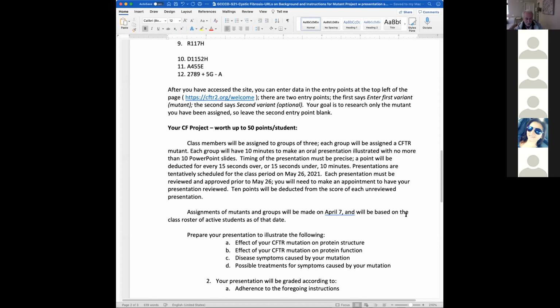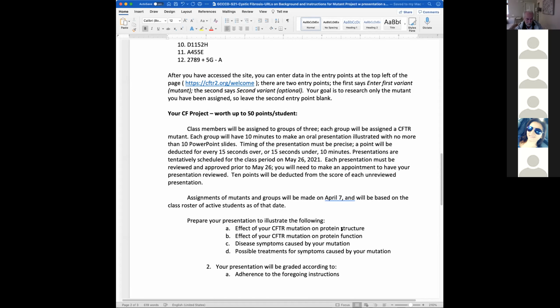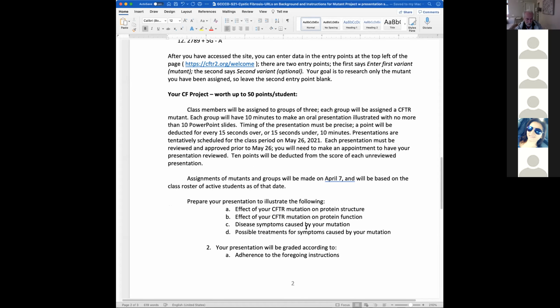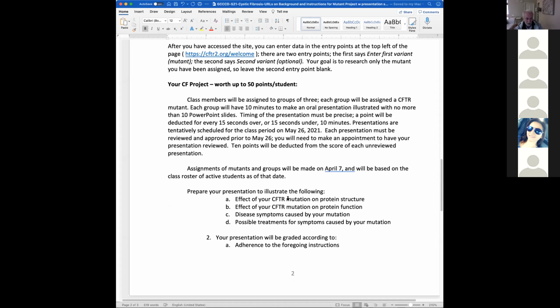So what is to be included? These are the general instructions. The effect of your mutation on the structure of the CFTR protein. The effect of your mutation on protein function. And if you remember, protein function can be affected at many different stages of the process between the gene and the membrane.